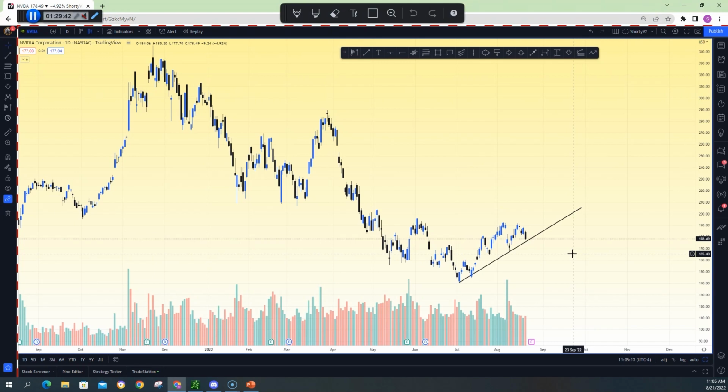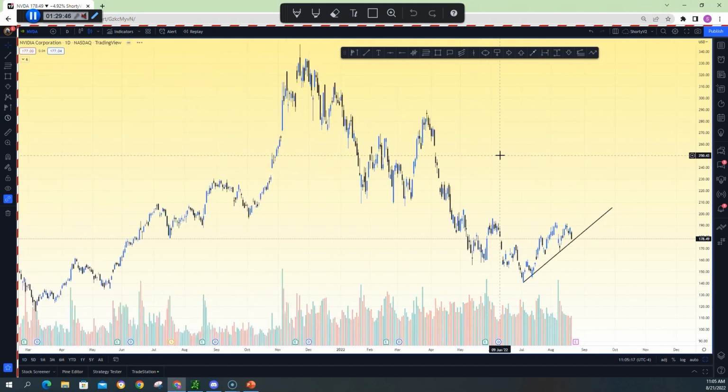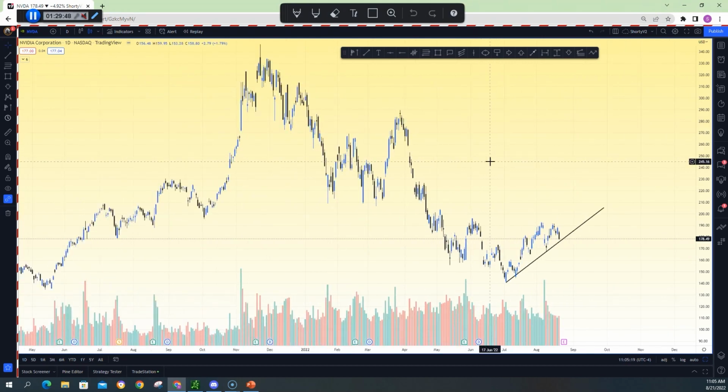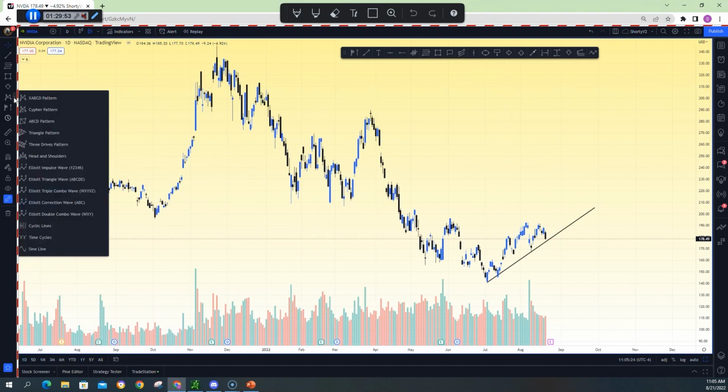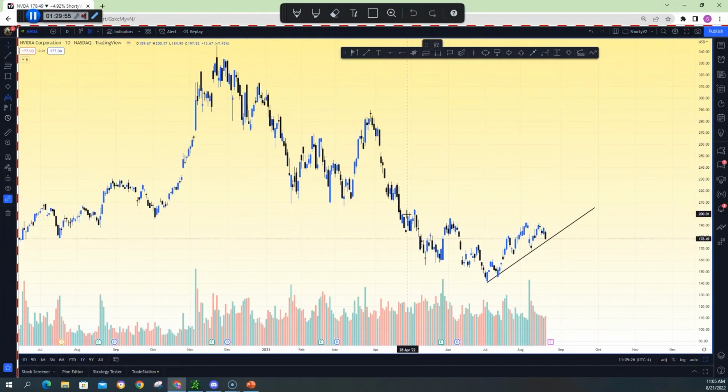You guys there? Is it a bear flag? It's a bear flag. Anyone see anything else? Maybe a head and shoulders.